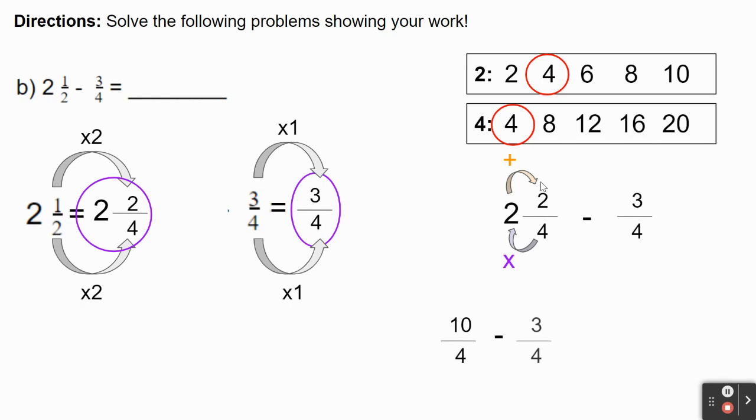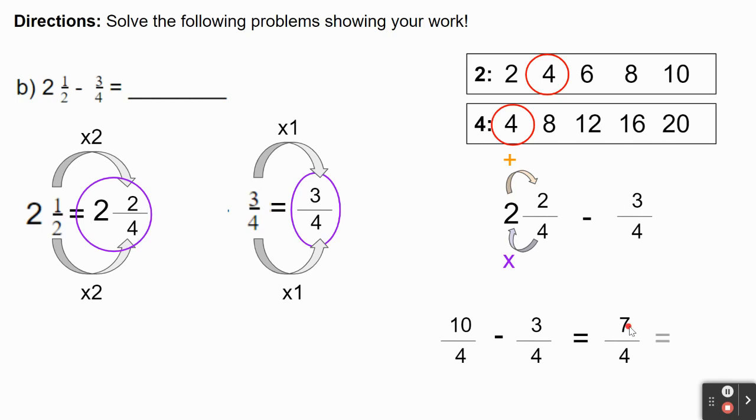Now we can subtract 3/4. So 10/4 minus 3/4 is equal to 7/4. But if you notice, the numerator 7 is bigger than the denominator 4. This means there's at least one whole inside of this fraction that we can take out. So let's ask ourselves, what can we multiply by 4 to get closest to 7 without going over?